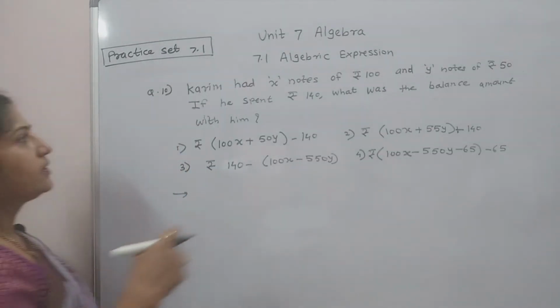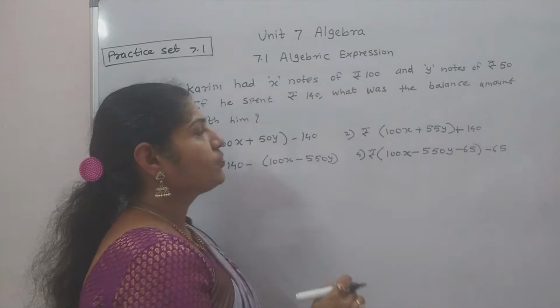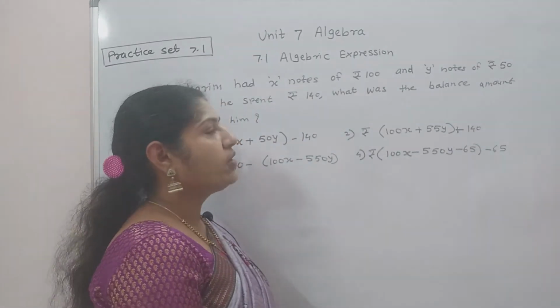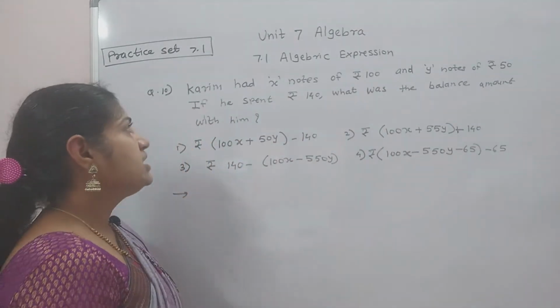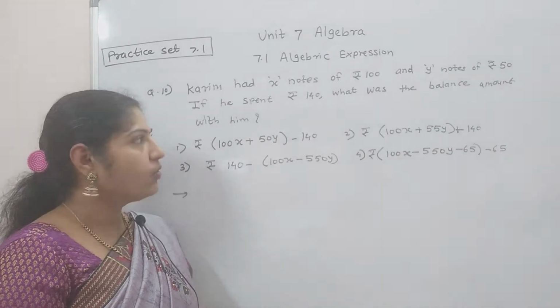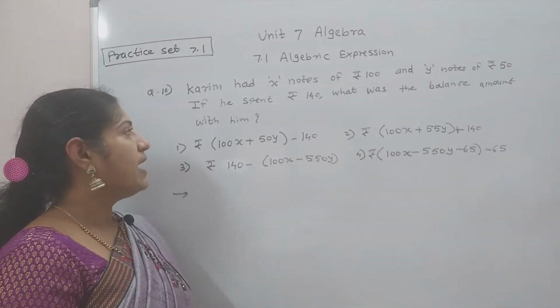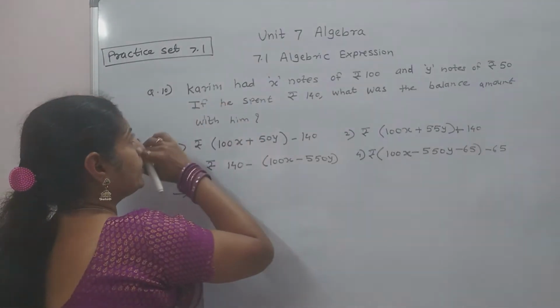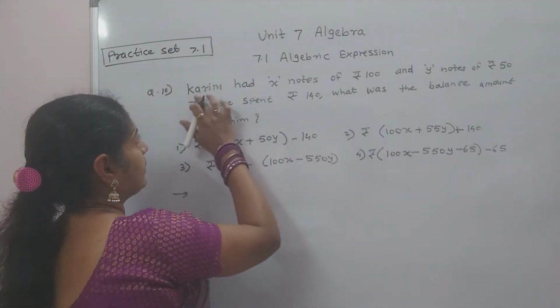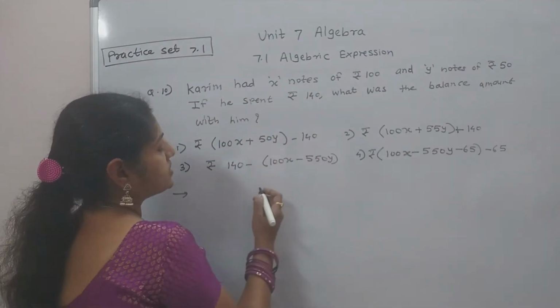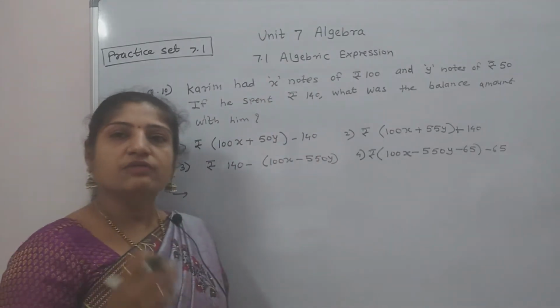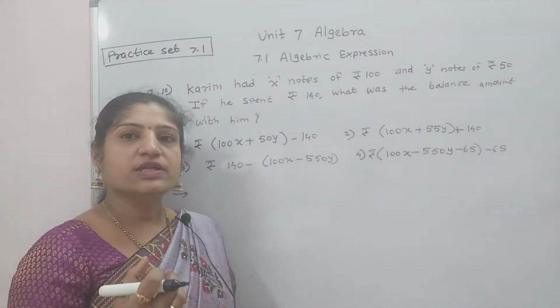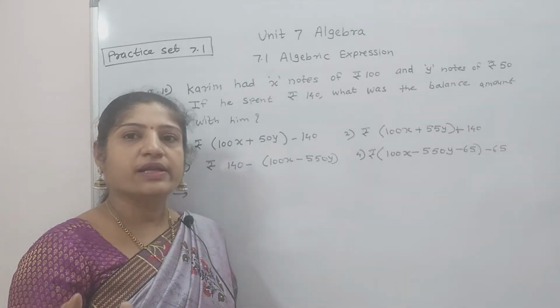Next question. Karim had x notes of rupees 100 and y notes of rupees 50. He spent 140 rupees. How much balance did he have? First find how many rupees Karim had in x notes of rupees 100. Suppose there are 5 notes of 100, so 5 into 100 is 500.